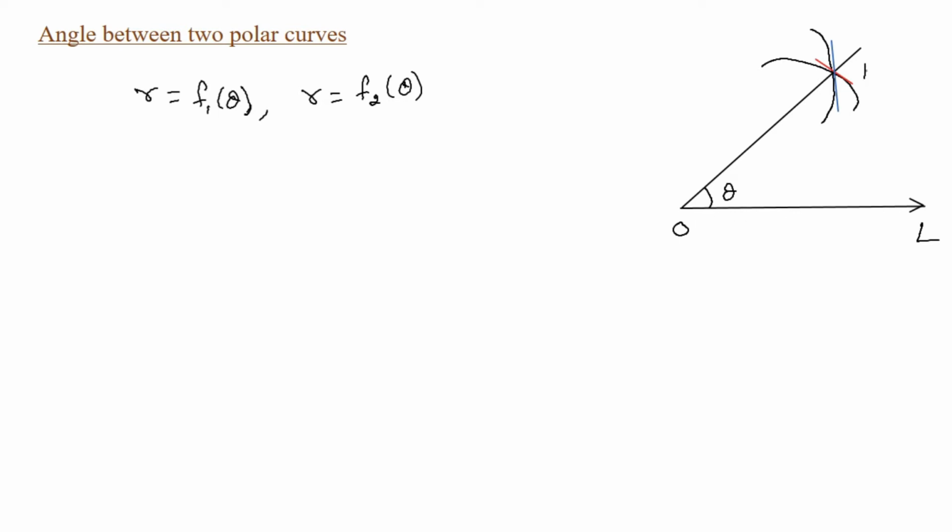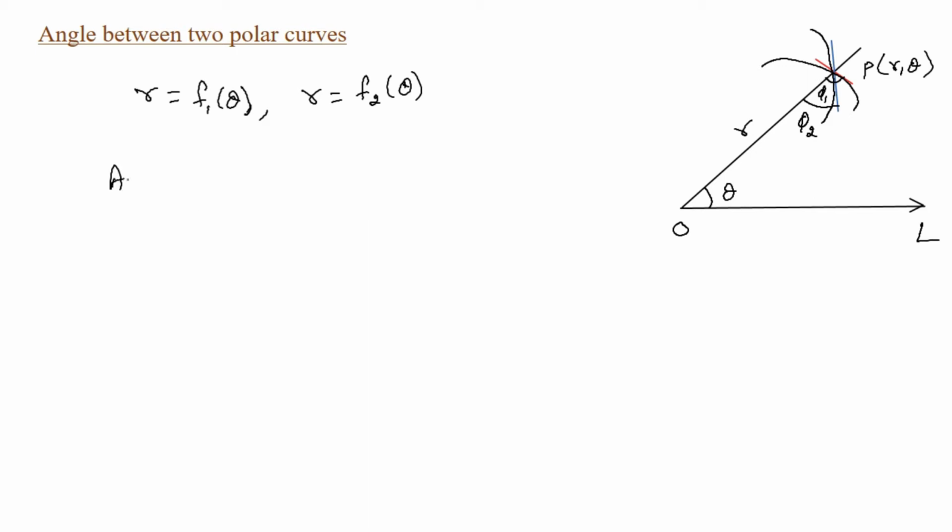So if I'm taking P as the point, then r will be the radius vector over here. With respect to the red tangent, I am taking that angle to be say phi 1, and with respect to the blue tangent, if I am taking the angle to be say phi 2. So those are the two angles for two different curves.